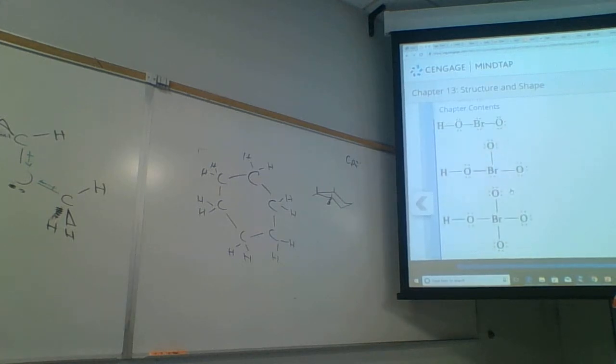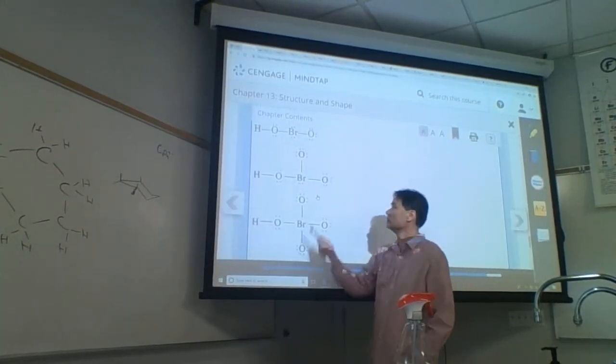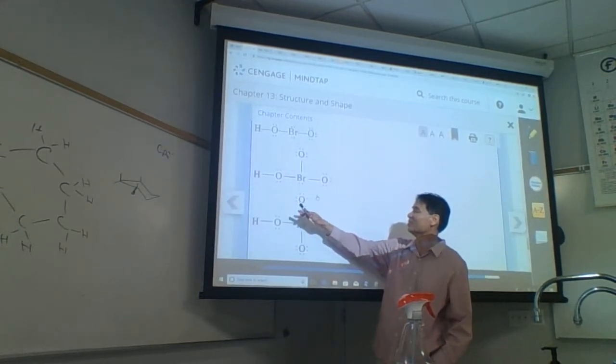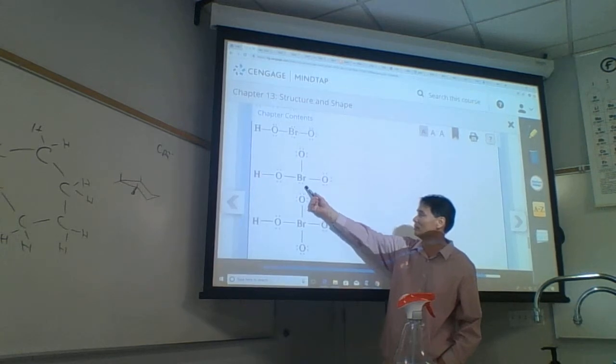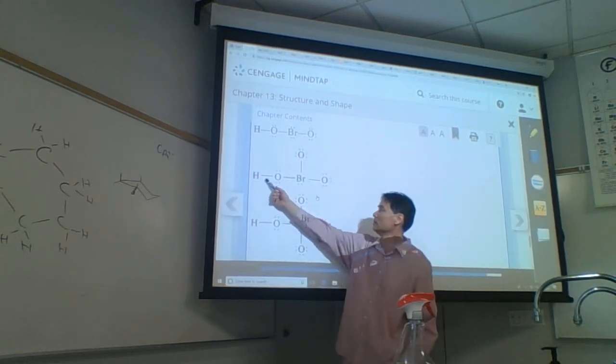If we go to HBrO3, this would be the structure with not expanding the octet. If we don't expand the octet, this is what we get. However, the formal charge has not been minimized here. Well, the formal charge would be what? 0, 0.